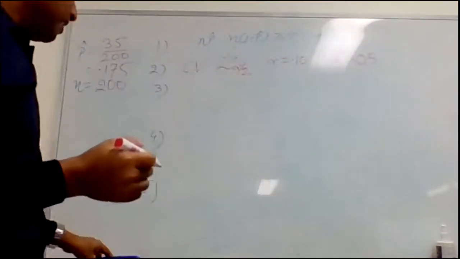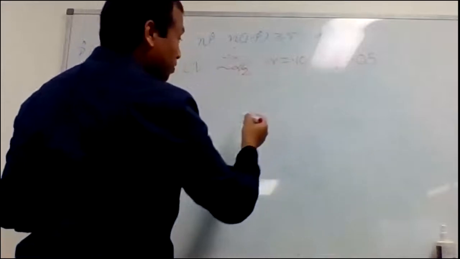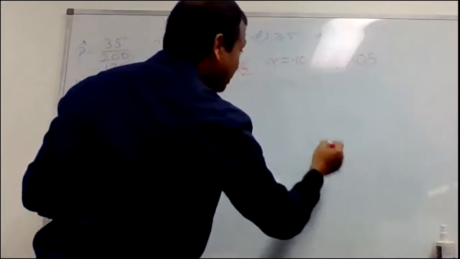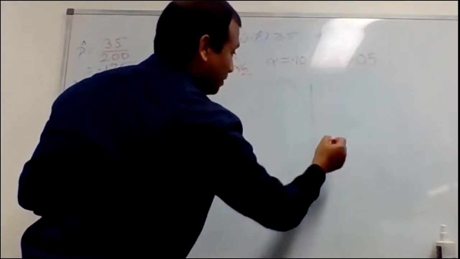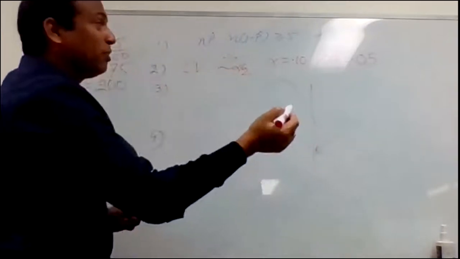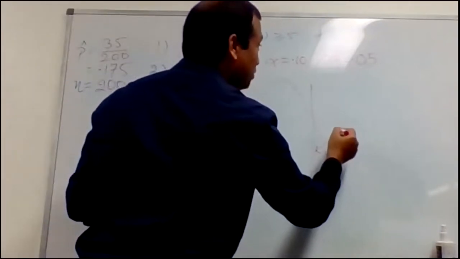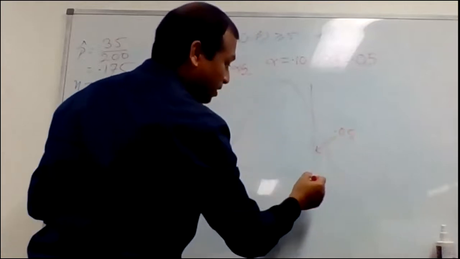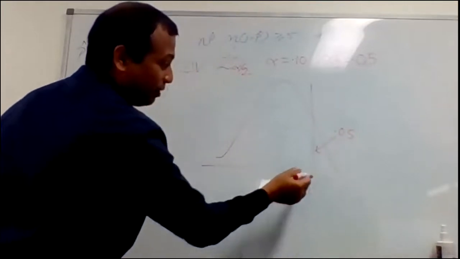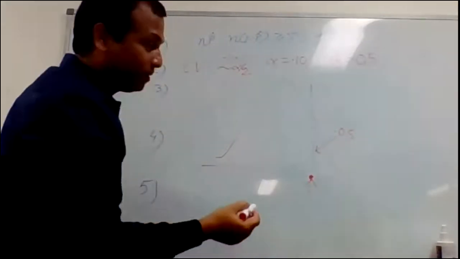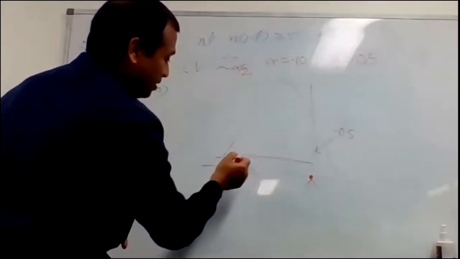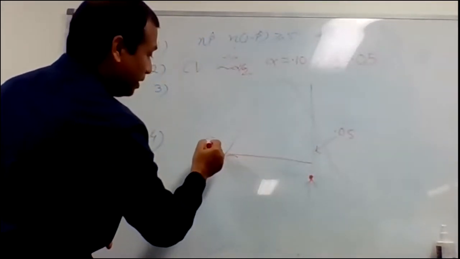Now it is correct. So if alpha by 2 is 0.05, find out the Z-score table. 1.64. Even if you are not able to recall, this is 0.05. So what is the critical value at this point? What is the area for this side? Area is 0.95.